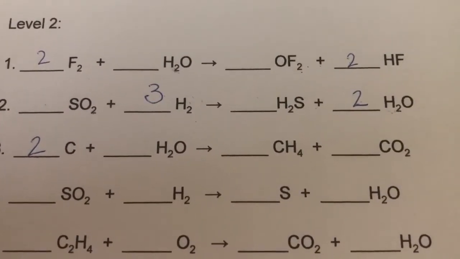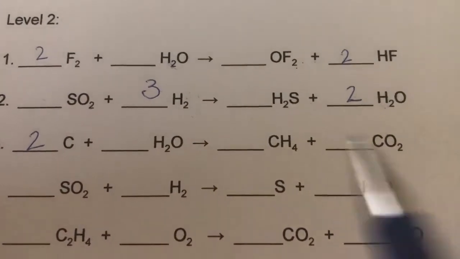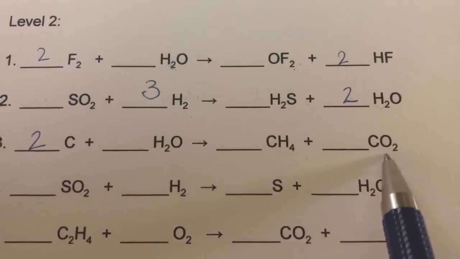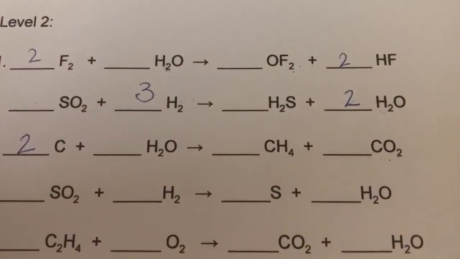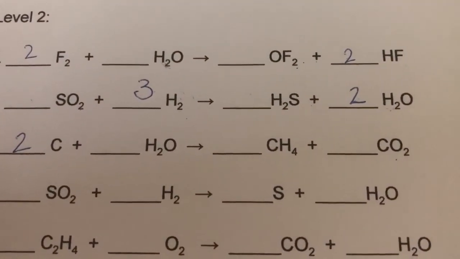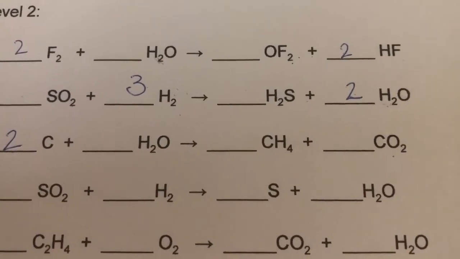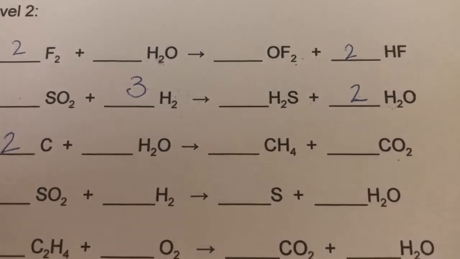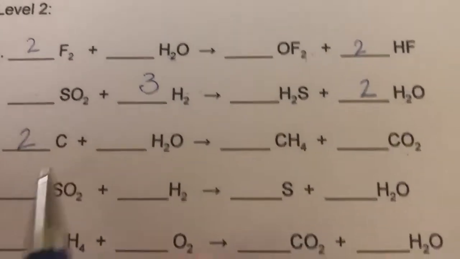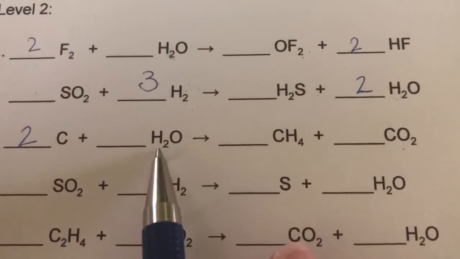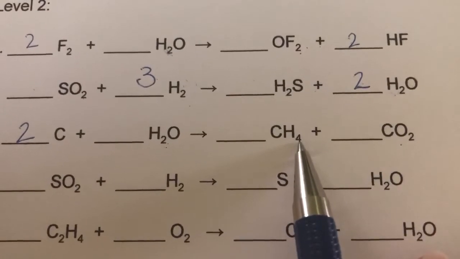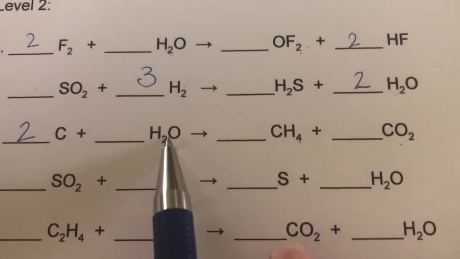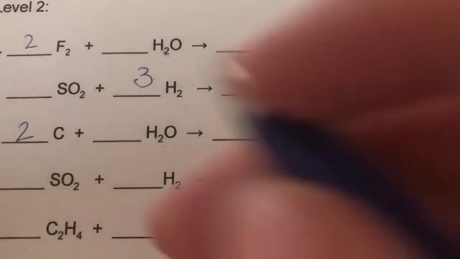We see that we have water and we have this methane and this carbon dioxide. Neither hydrogen or oxygen are by themselves. So now you have a 50-50 shot of where you want to start. So I'm just going to go with hydrogen because that's next in the list. Here I have 2 hydrogens. On the product side, I have 4 hydrogens. What do I multiply 2 by to get 4? We need a 2.